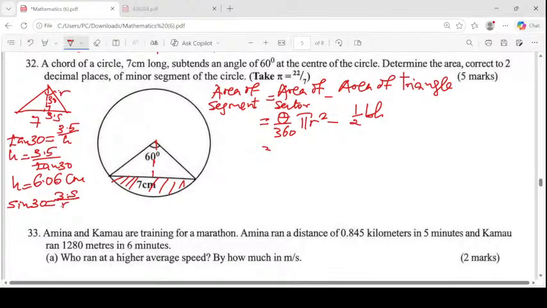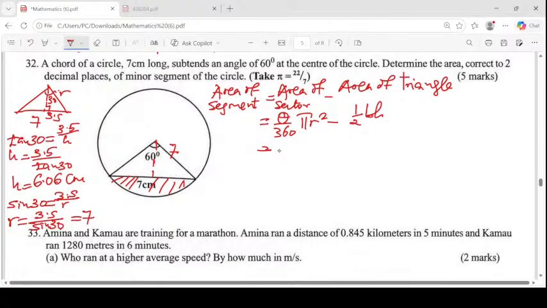So r is equal to 3.5 over sine 30. When you have 3.5 divided by sine 30, you get 7. This is also 7, so the radius is also 7.